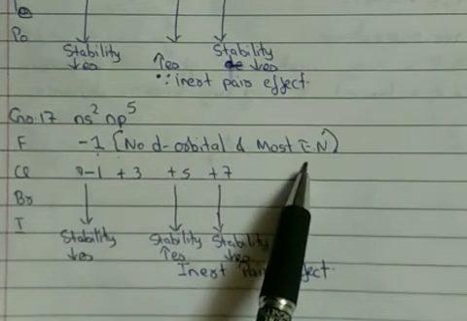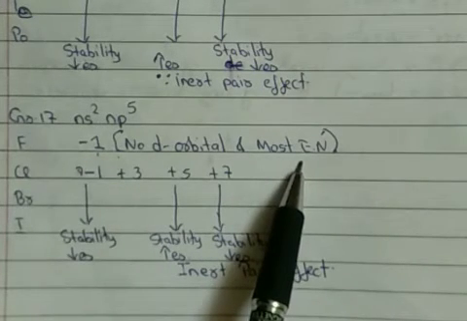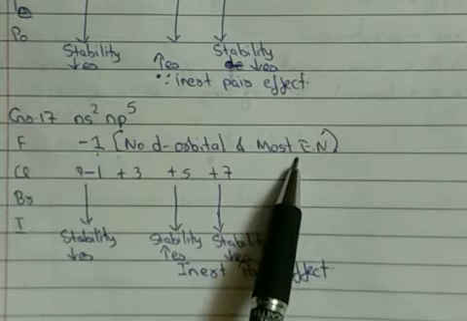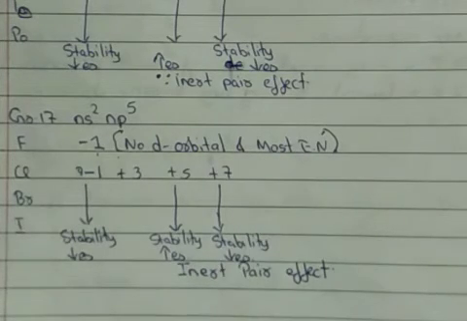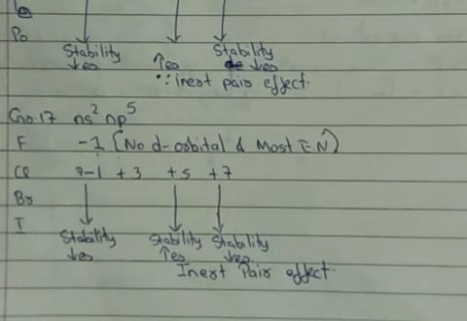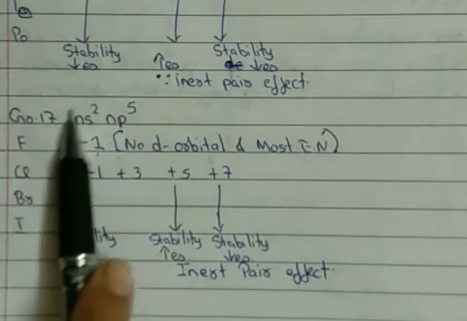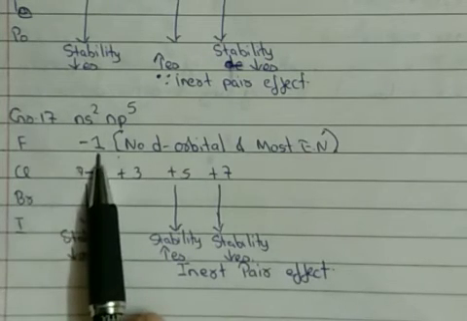And the second reason is that it is the most electronegative element. As it is the most electronegative element, no matter what it combines with, it will always gain electrons, and as it will always gain electrons, its oxidation state will always be negative. Moreover, it already has 7 electrons in its valence shell, so it will require only 1, and that is why its oxidation state is always and always -1.